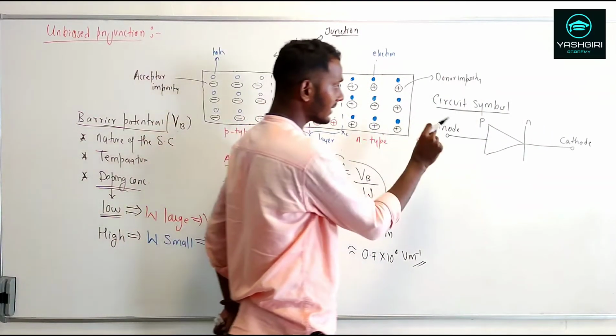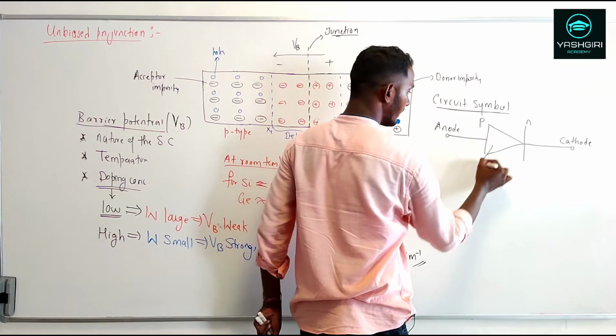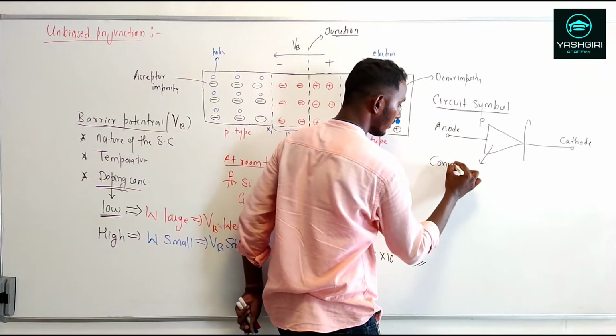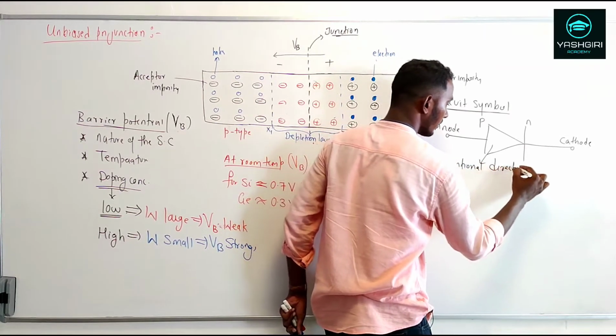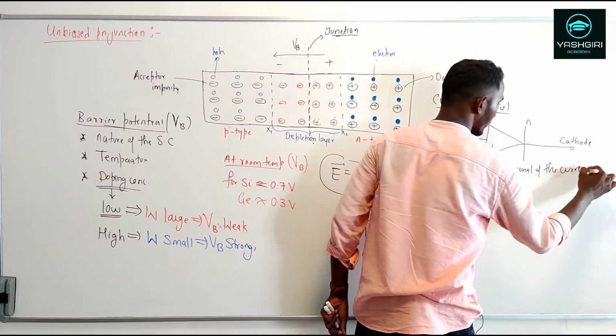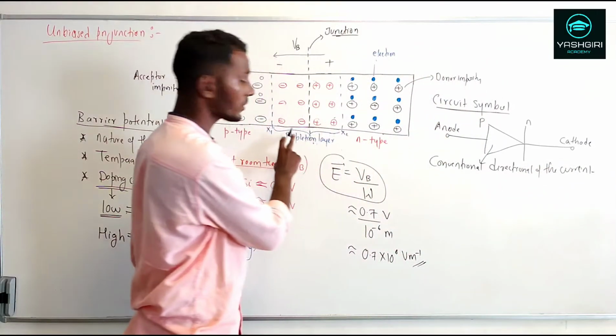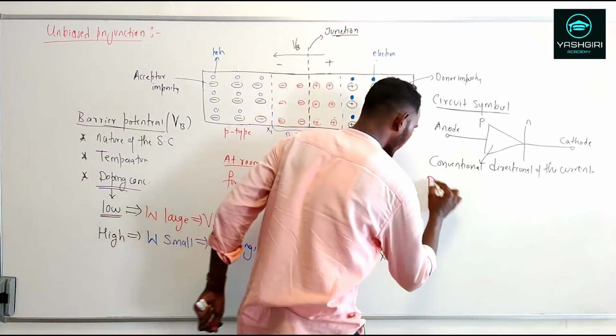Now what it tells us is the direction of the current. The arrow tells us the conventional direction of the current. This PN junction is also called a diode.